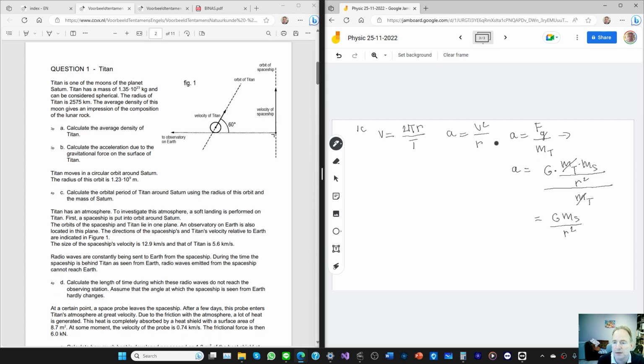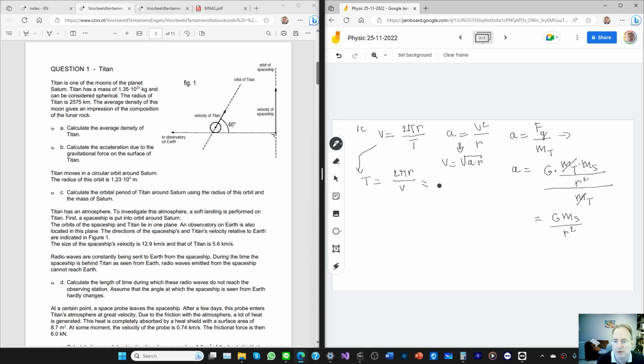Okay. And from this you can find the speed, and from the speed you can find the period. So let's isolate T from here. So let's get a little bit of space here. T is equal to 2 pi r divided by the speed. And from this follows the speed is the square root of the acceleration times the radius of the orbit.